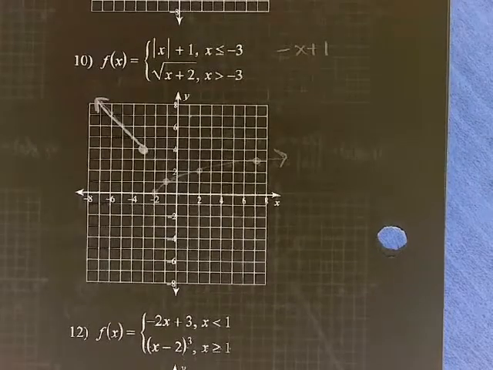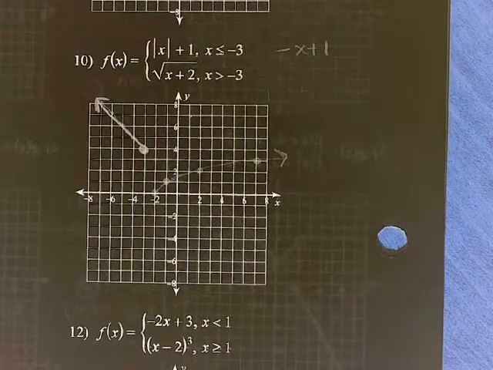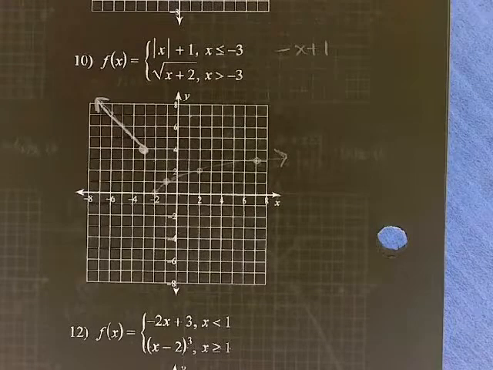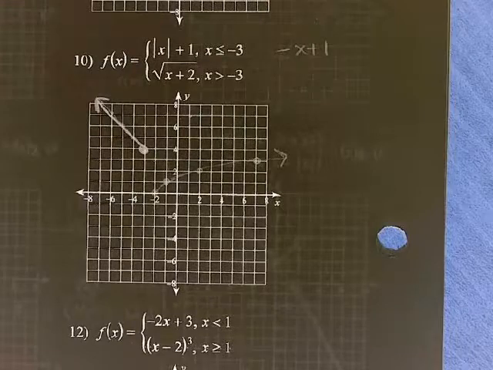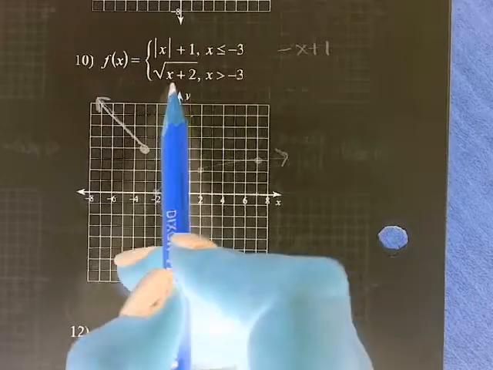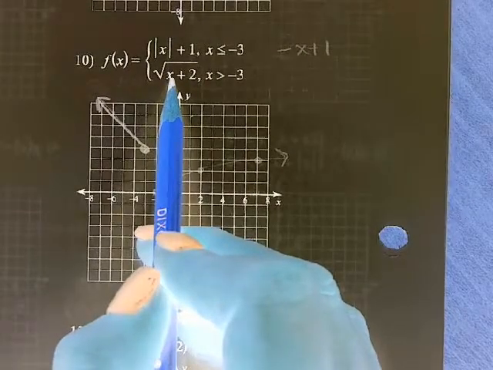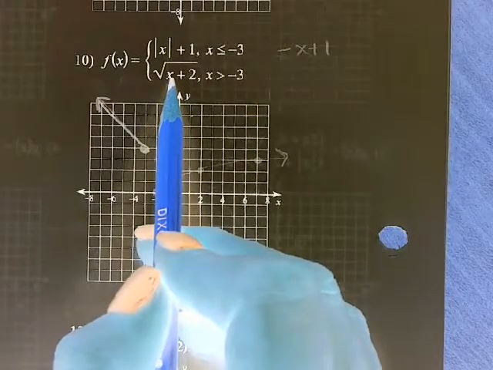Okay. And what does it say for this graph? If x is greater than -3, and what do we see? What's kind of weird about it? You can't plot -3 on that graph because if you tried to plug -3 in for x, you'd get an error message. You'd get the square root of -1, which is imaginary.